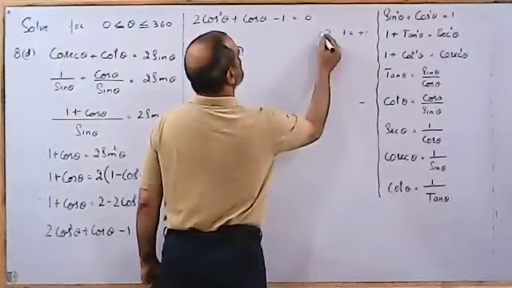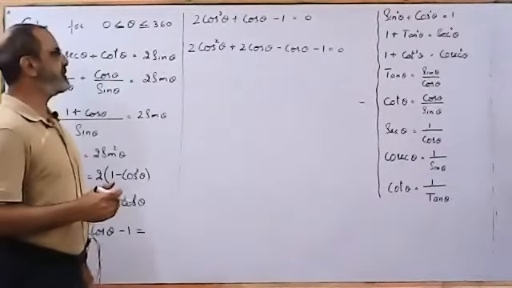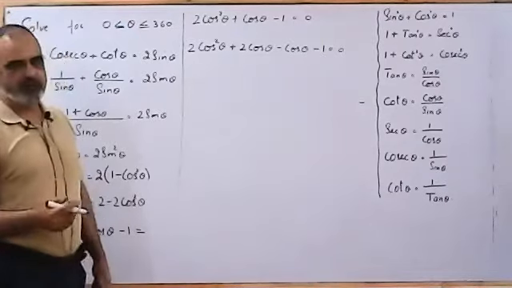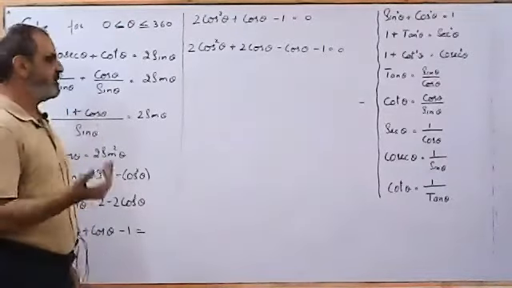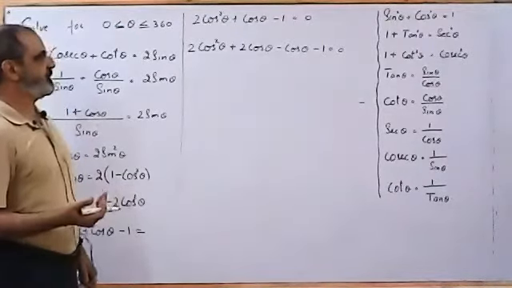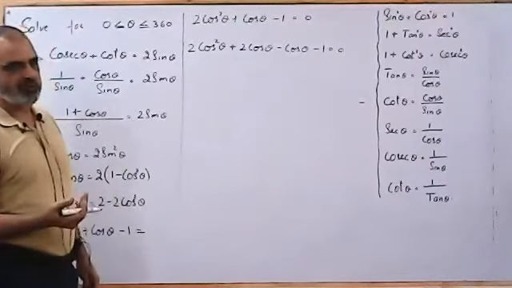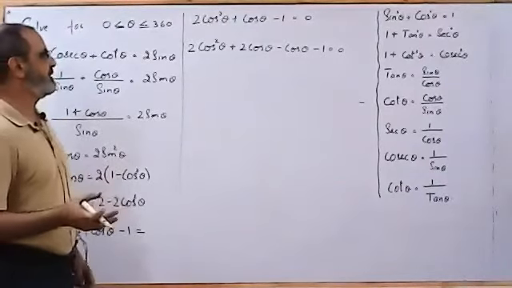So I can write 2 cos square theta plus 2 cos theta minus cos theta minus 1 is equal to 0. I am doing it on purpose. I can suppose cos theta is equal to y. It will be the same thing, I just want to try the other method, solving without letting cos theta equal y.